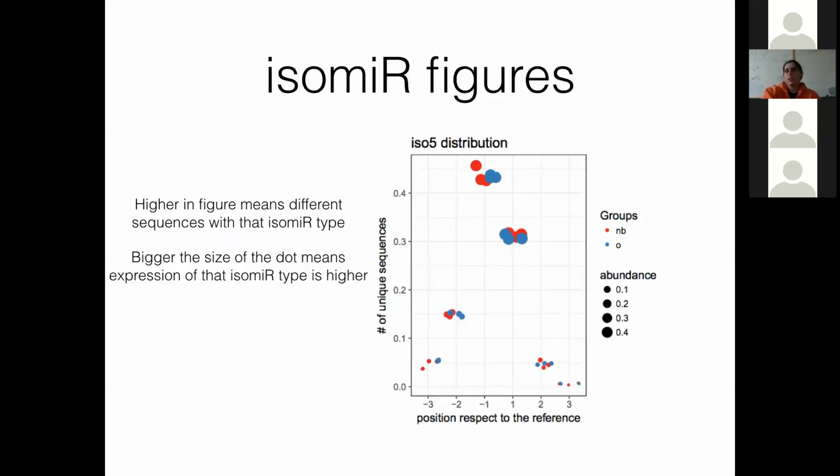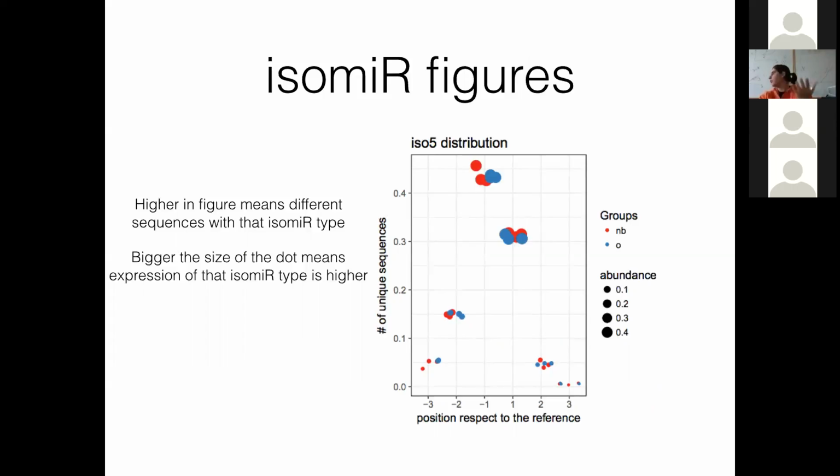You have some quick isomer figures that I actually showed in last year's presentation. They mainly try to give you information about where your isomers are in general across the whole set of samples. Here is the 5' isomer, and the x-axis is the position with respect to the mature microRNA in miRBase.